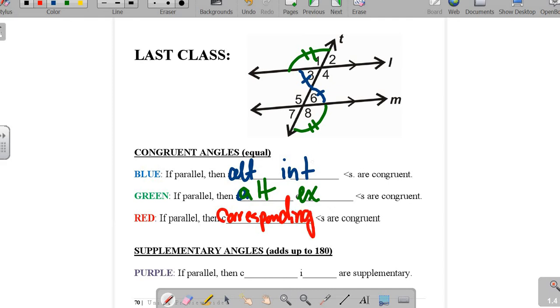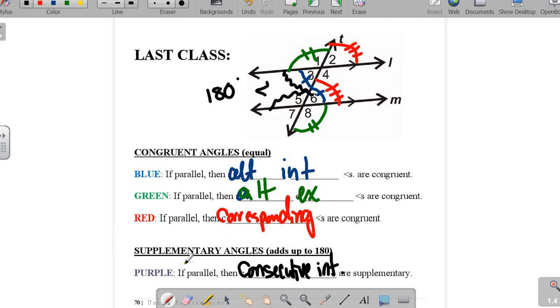Corresponding angles would be congruent, like angle 6 and 2. And consecutive interior angles such as 3 and 5 are supplementary. So all of this starts with the fact that if the lines are parallel, then these things happen.